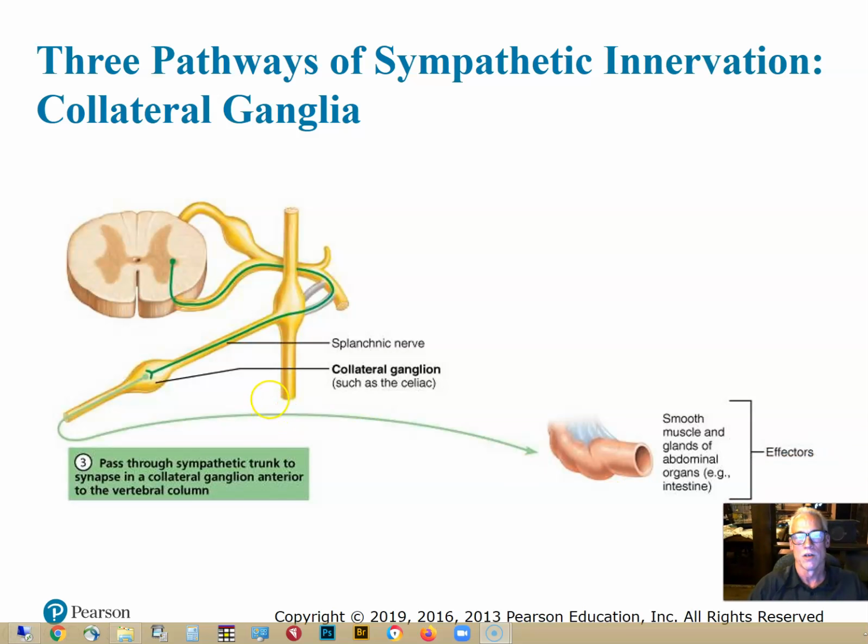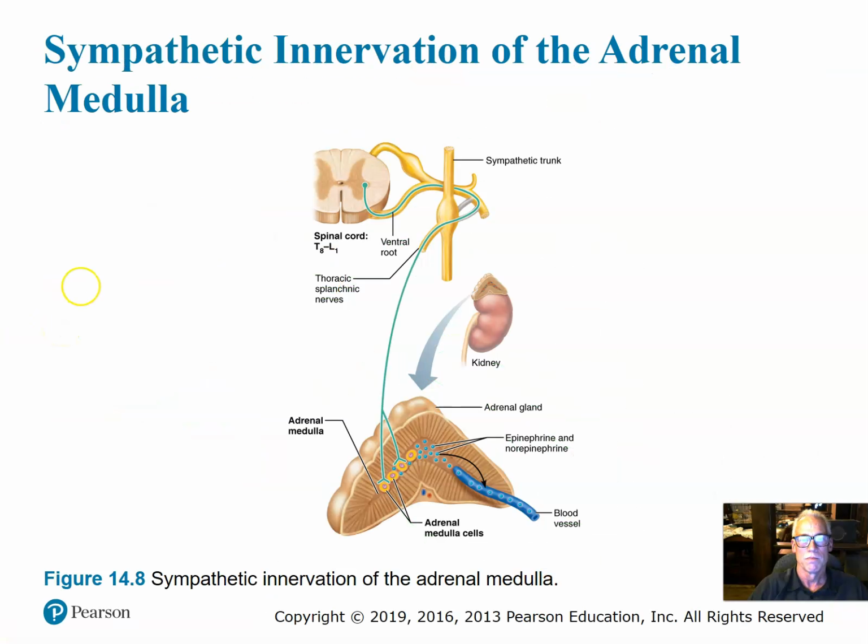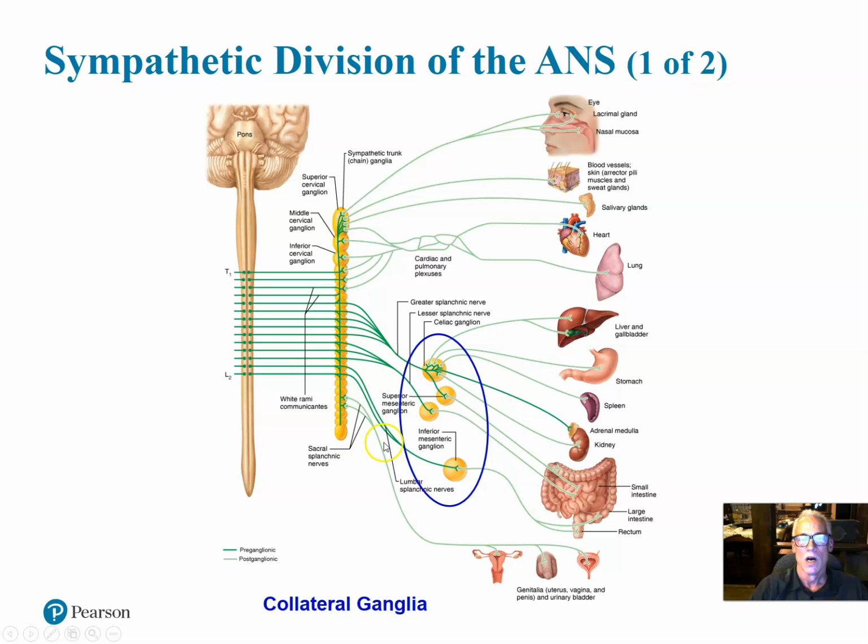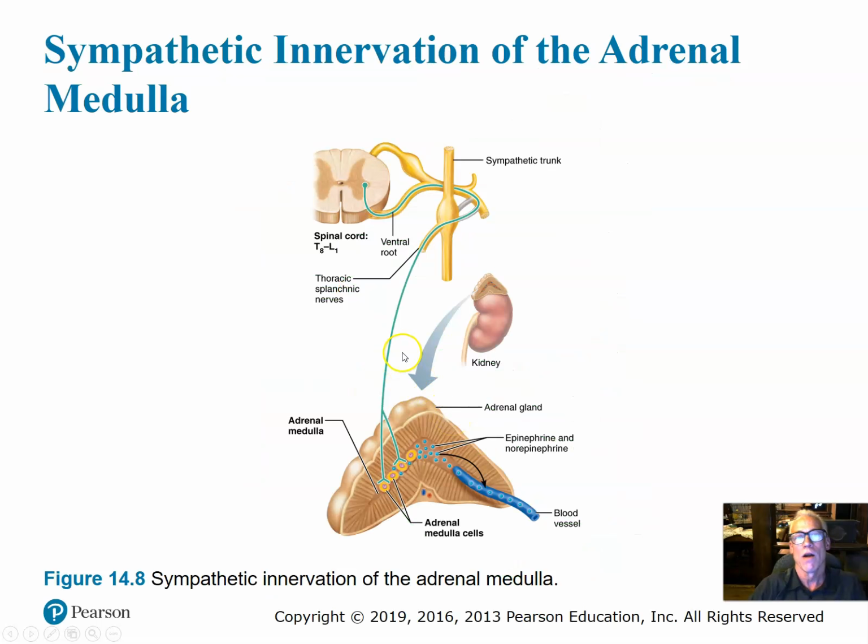We're not going to cover them by name, but I just want you to know that there are sympathetic ganglia in the abdominal cavity other than the chain ganglia. Here's a different stylized schematic diagram of the sympathetic nervous system showing the chain ganglia, or actually collateral ganglia. Got it. All right.